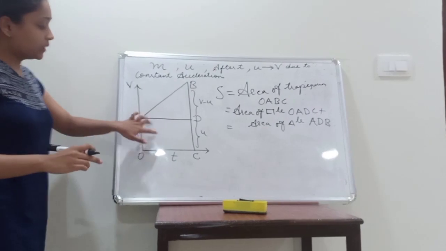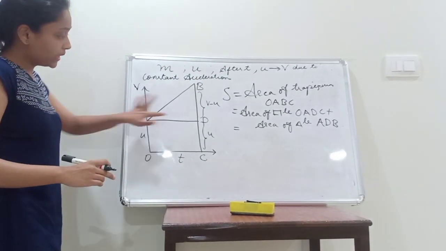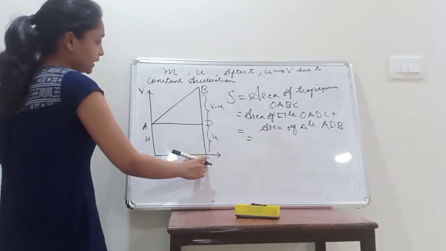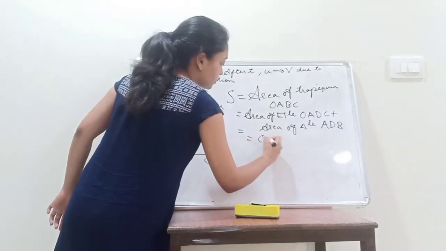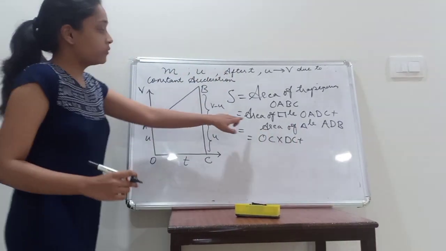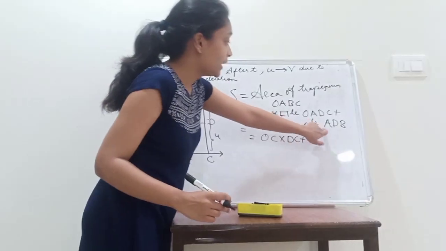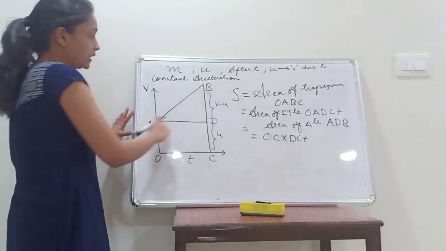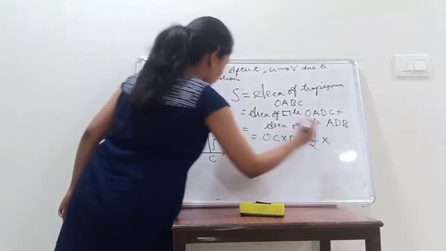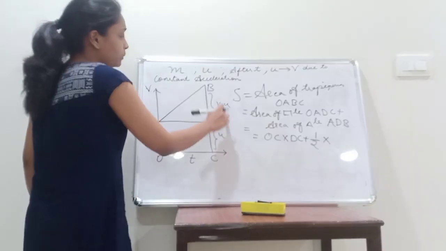Area of rectangle OADC, for this the formula is OC into BC. Whereas for area of triangle ADB, the formula is half into AD into BD.